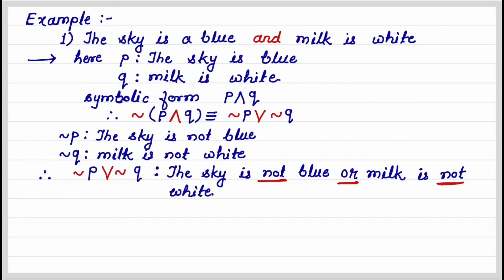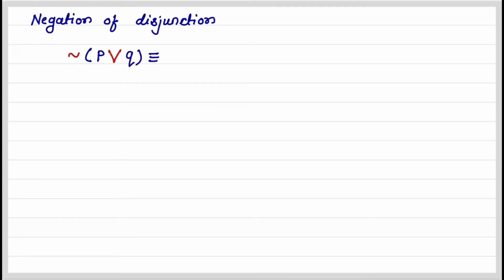Next point, negation of disjunction. We have to see negation of all compound statements. First of all, we will see negation of disjunction. Negation of P or Q is equivalent to negation of P and negation of Q. This is also known as De Morgan's law.